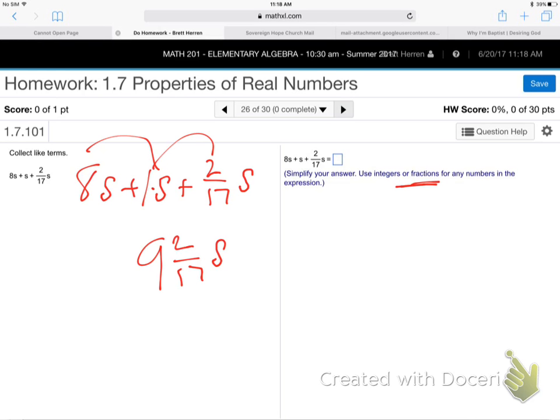Yeah? Why wouldn't you make the 9 like 9 over 17 and then just add 9/17 to like 2/17? Really good question. Let me go back. Yeah. So yeah, 8 and 1 is 9. And I definitely need to add 2/17. You're totally right. But can I take that 9 and just put it over 17?